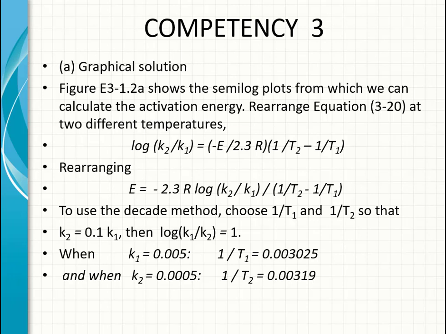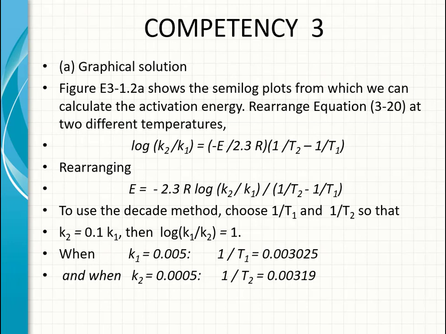Log of k2 divided by k1 is equal to minus E divided by 2.3 R times 1 divided by T2 minus 1 divided by T1. And this, if you recall, is applying the Arrhenius equation to two different temperatures. And that's the expression that we have.